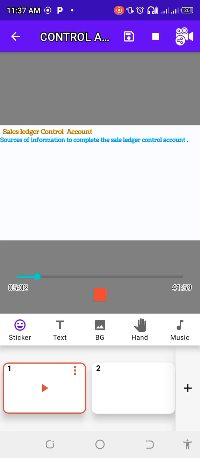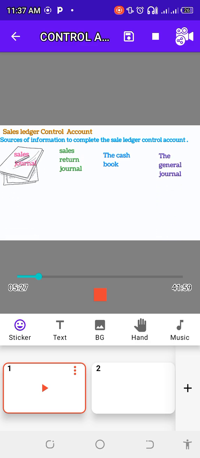Now, we are going to take a look at the sources of information to compile the sales ledger control account. Put another way, where do we get the information that we use to complete the sales ledger control account?